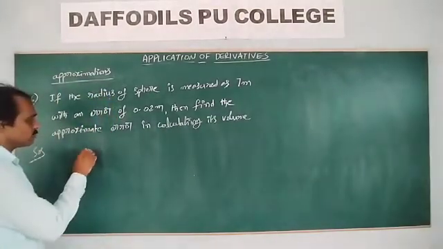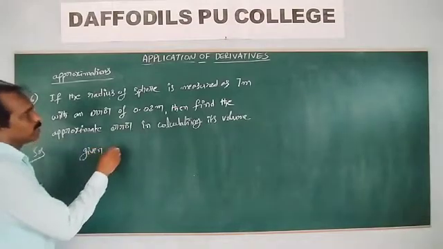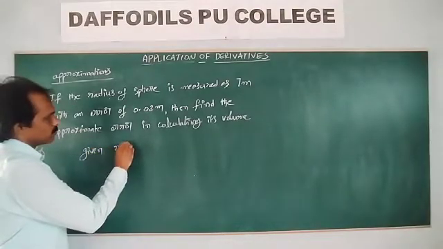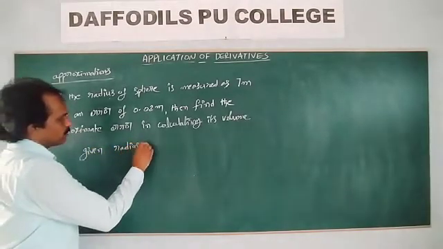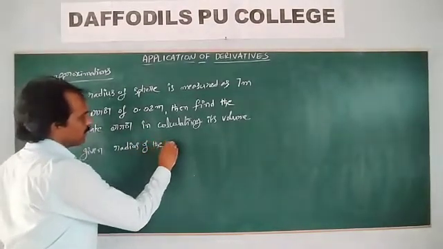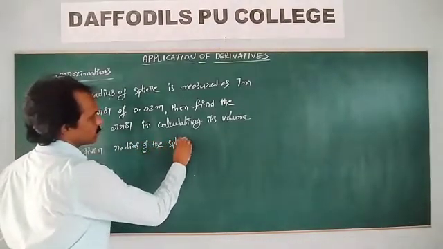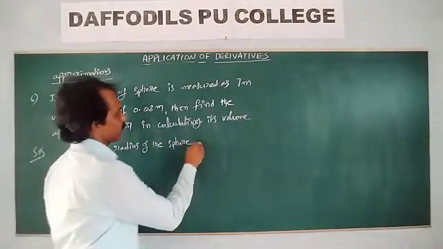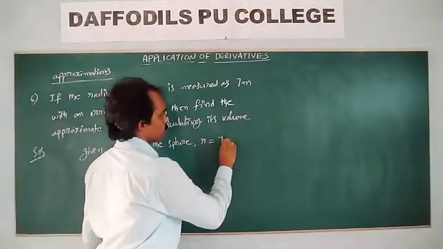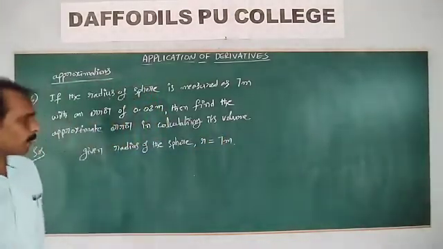Must write the given data: radius of the sphere r is equal to 7 meter.